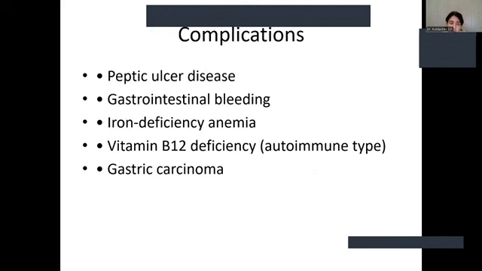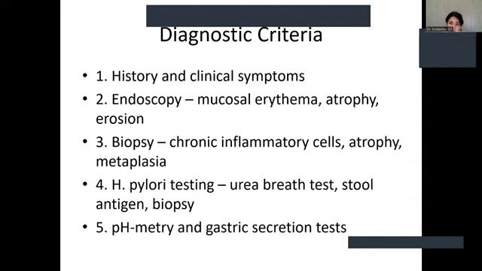Complications are peptic ulcer disease, gastrointestinal bleeding, iron deficiency anemia, vitamin B12 deficiency, and gastric carcinoma. Diagnostic criteria: history and clinical symptoms.